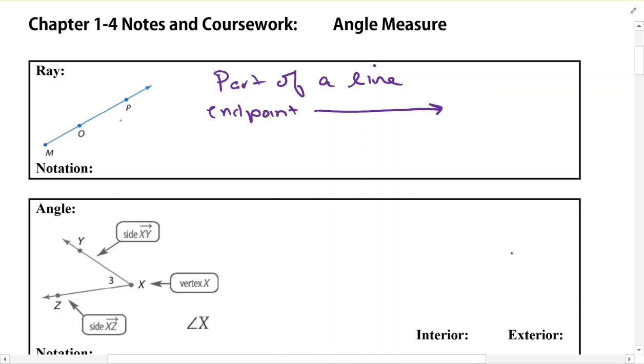So if we look at the diagram here, I could call this one ray MP. I start with the endpoint and pick a point in the direction that I'm going. I could also call it MO. So you start with an endpoint and you pick a point in the direction that you're going.